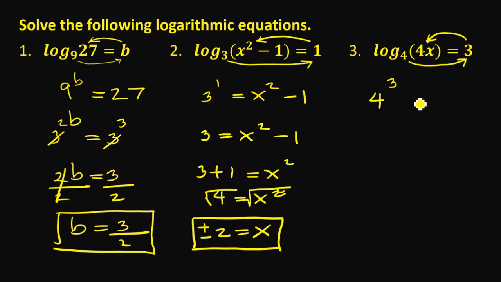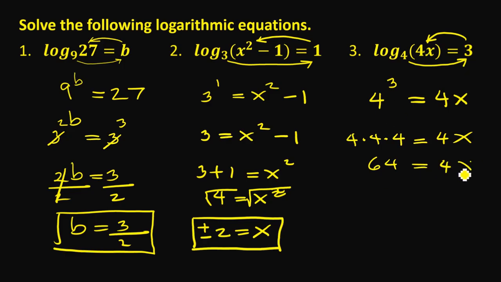Now, 4 cubed means 4 times 4 times 4 equals 4x. 4 times 4 is equal to 16, and 16 times 4 is equal to 64. This is 64, or 4 cubed is 64.